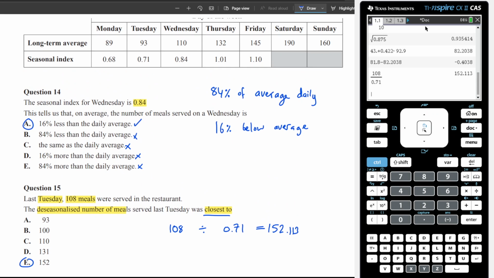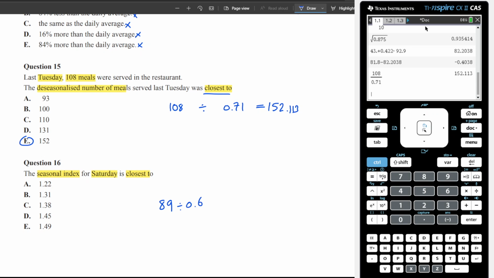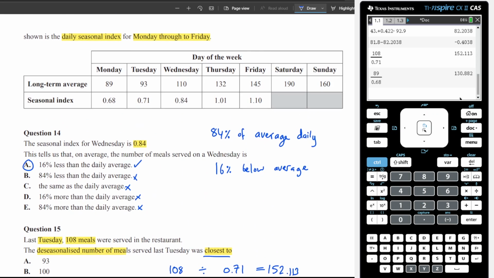In this case, I'm choosing Monday, and divide it by 0.68. If I do that, 89 on the calculator, divide by 0.68, gives us 130.882. And that is the average across all of the days.